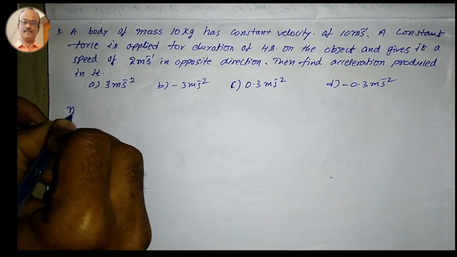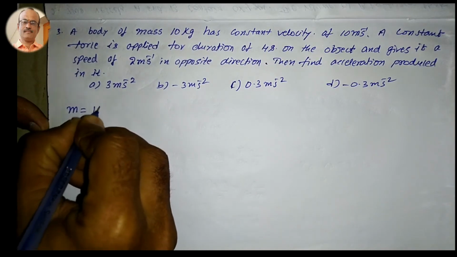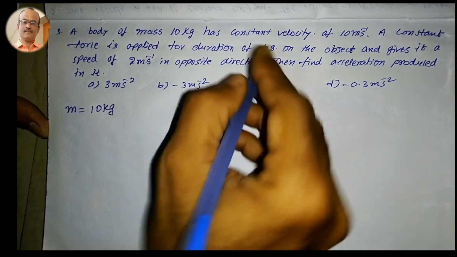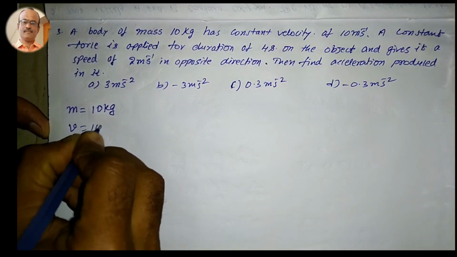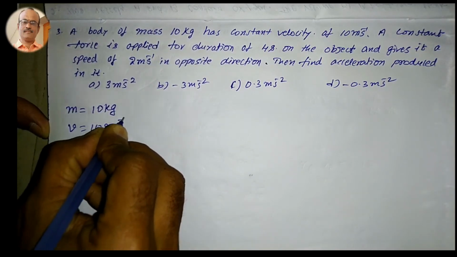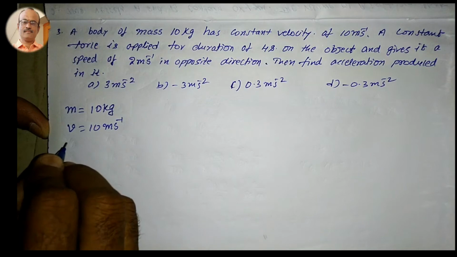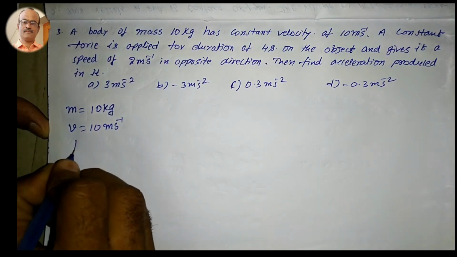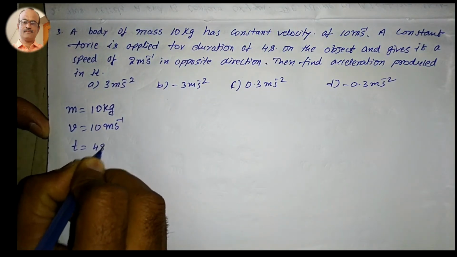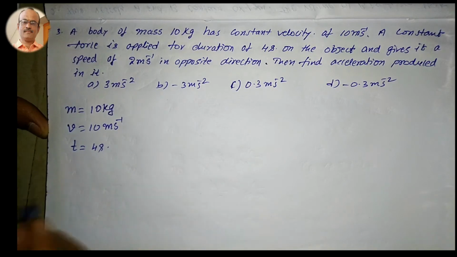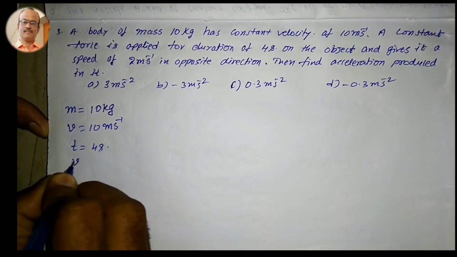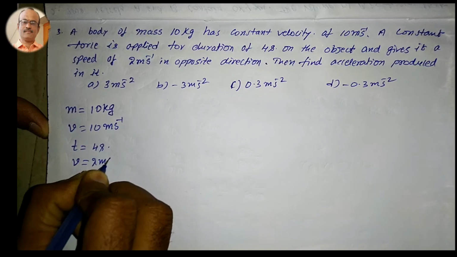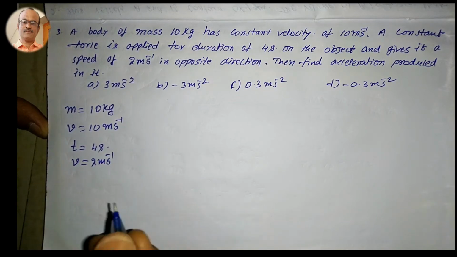Given mass is 10 kilograms, u is 10 meters per second, and a constant force is applied for t equal to 4 seconds on the object, and gives it a speed of v equal to 2 meters second to the power of minus 1 in the opposite direction. Then find the acceleration produced.